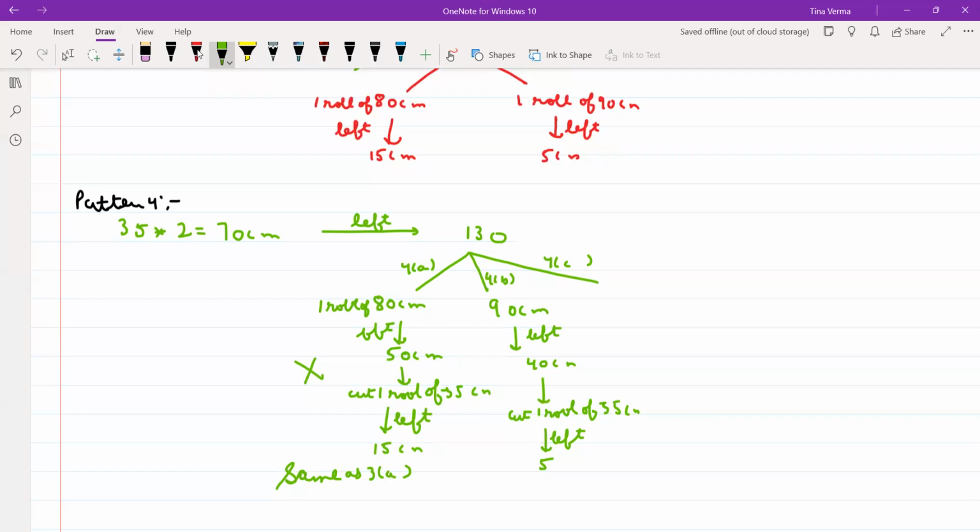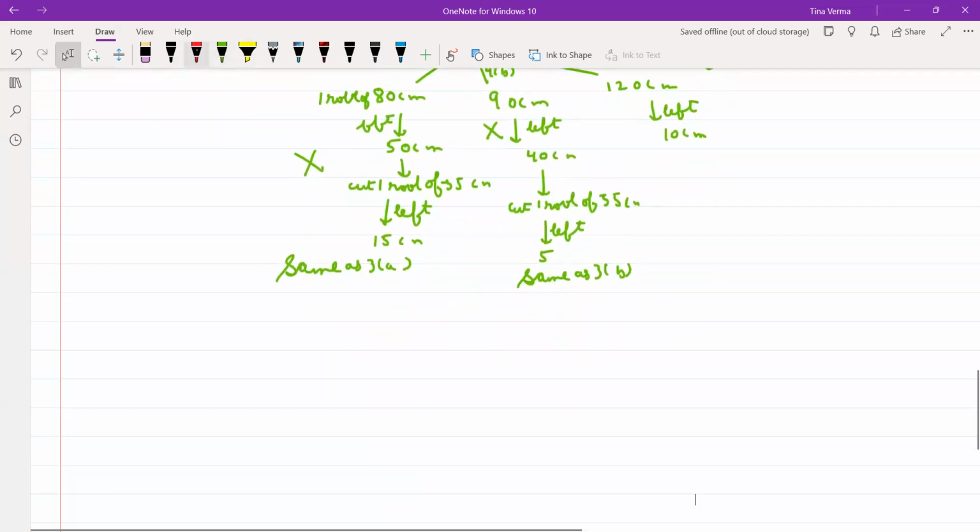This you have already discussed in case 3B. So that is the same as 3B. That means this pattern has not given me a new pattern, right? So this is that I can cut 120 centimeter. So I am left with 10 centimeter. This is my new pattern which I have not considered earlier, right?